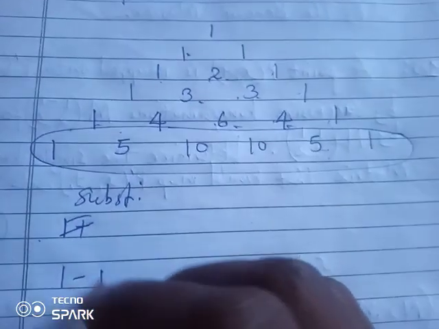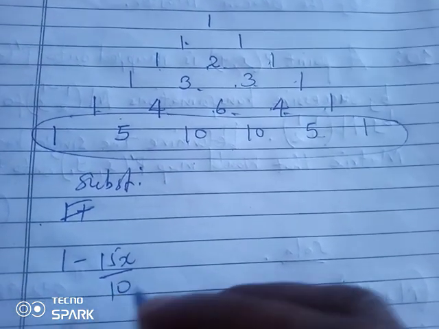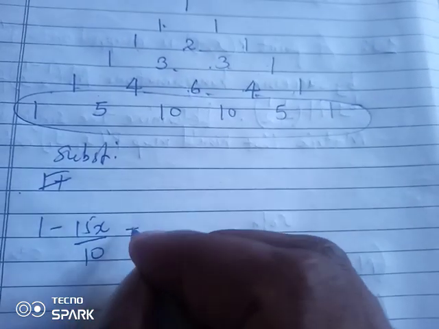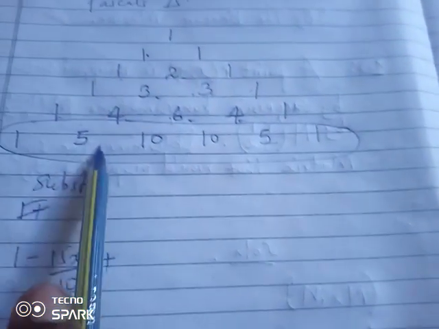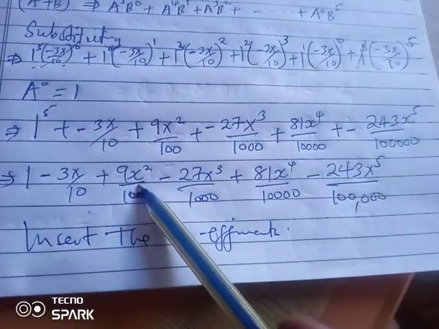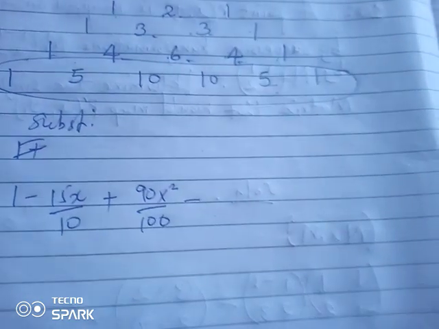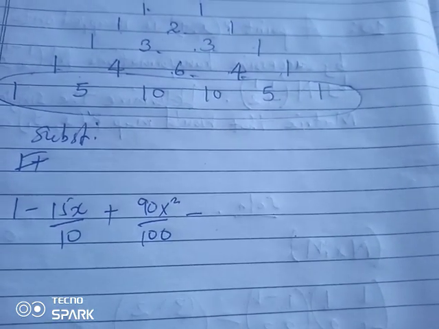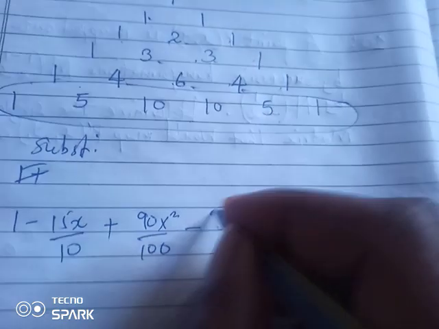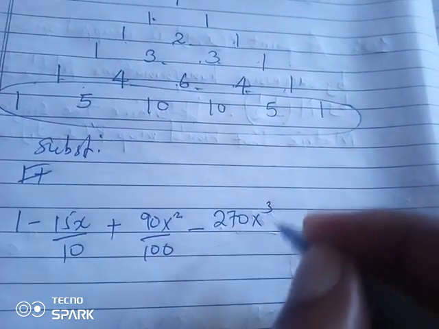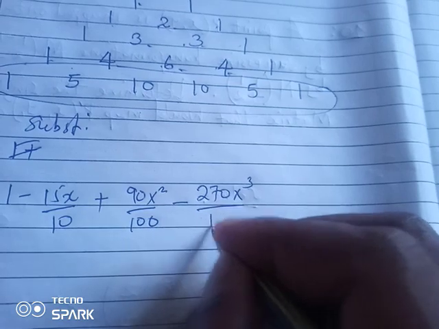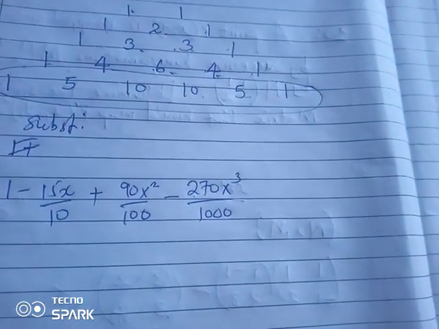So we shall have minus 15x over 10, plus the factor here is now 10 times the third factor, it will be 90x squared over 100. So we shall have 90x squared over 100, minus 10 times 27, so it shall be 270x power 3 all over 1000.